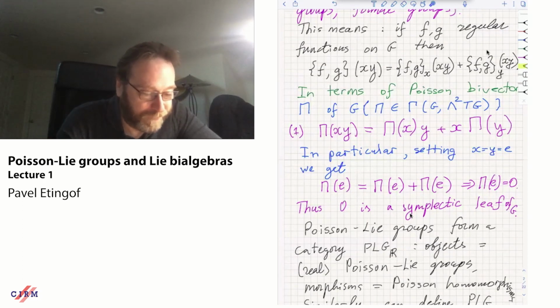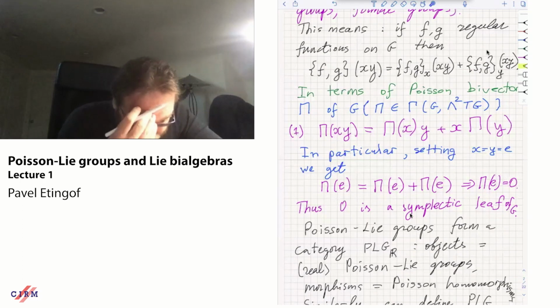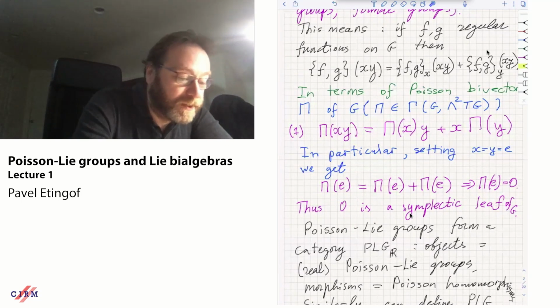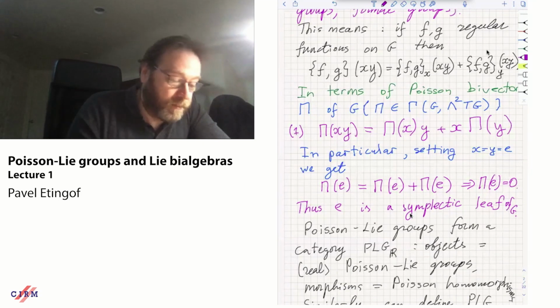So in particular, if your group is not trivial, then, for example, it cannot be symplectic. You always have a point e where the Poisson bivector vanishes.